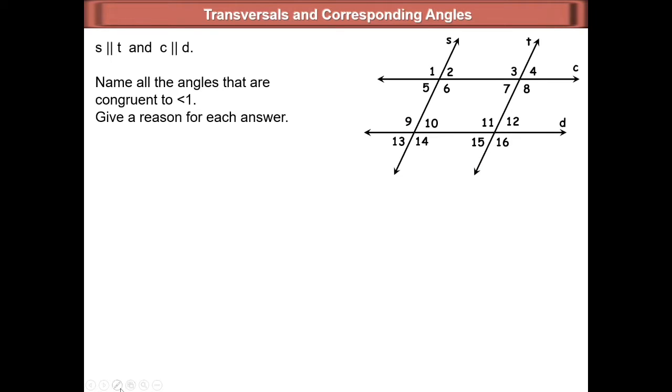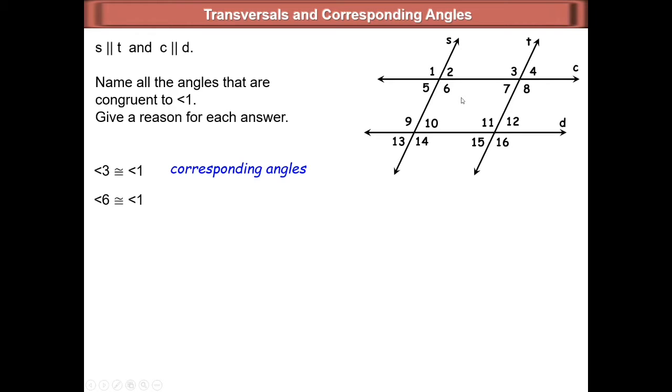Please note the given information at the top of the page. Line S is parallel to line T, and line C is parallel to line D. We want to know all of the angles that are congruent to angle 1. Since line S is parallel to line T, we can find that angle 3 is congruent to angle 1 because they are corresponding angles.